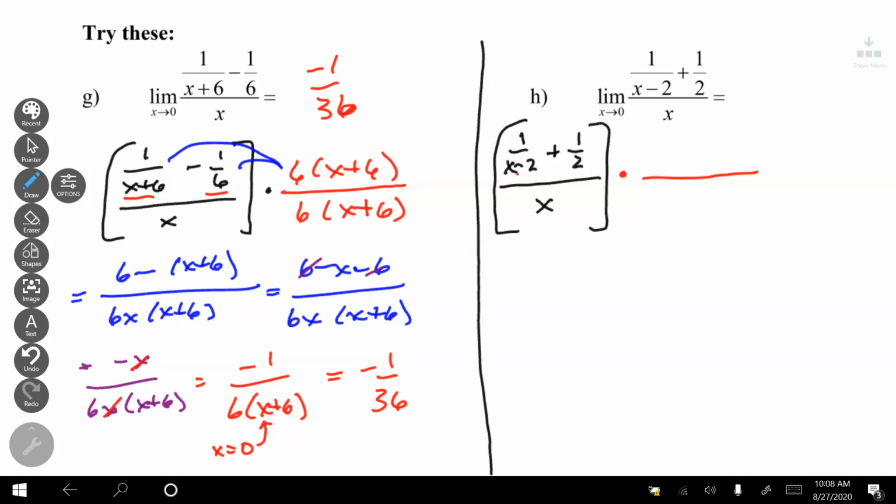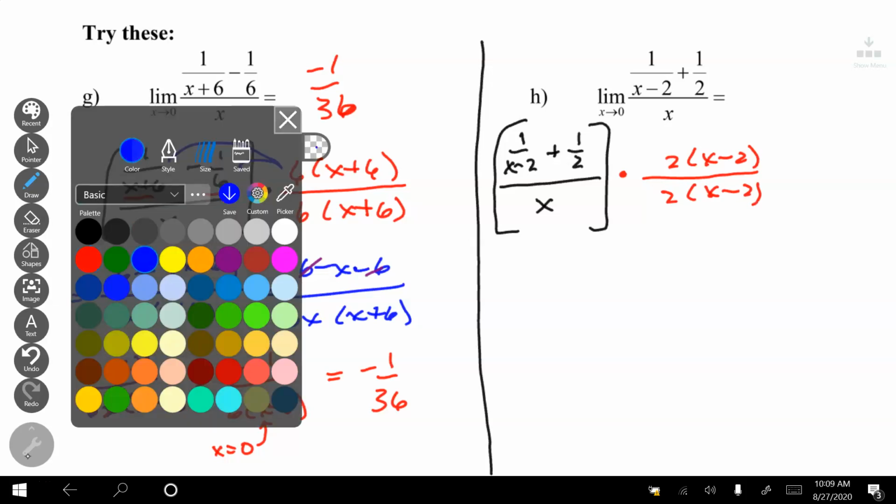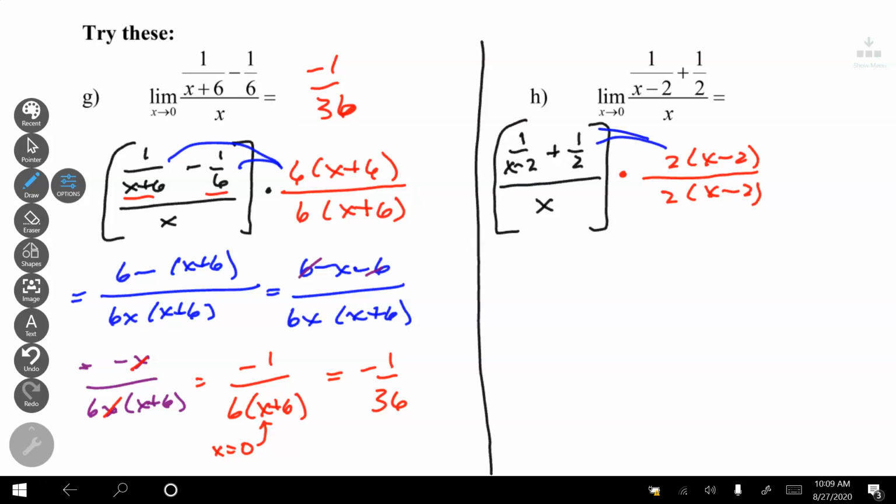Same thing here. I'm going to use these denominators and do 2, x minus 2, 2, x minus 2. And now I'm going to distribute here and here. And I get 2 plus x minus 2 over 2x, x minus 2.